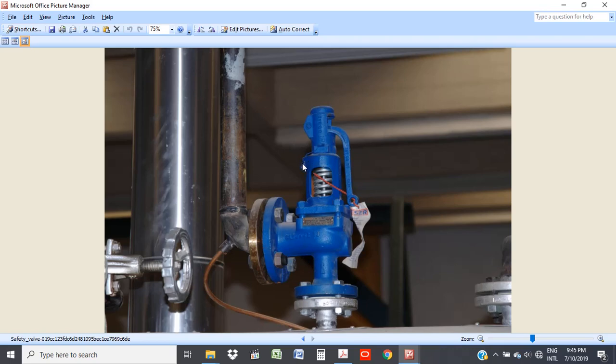It is normally SIL rated because you don't want this failing. You don't want to be at a very high pressure reaching your design pressure and then this valve doesn't answer you. So you have to SIL rate it, which means the safety integrity level, meaning it shouldn't fail.